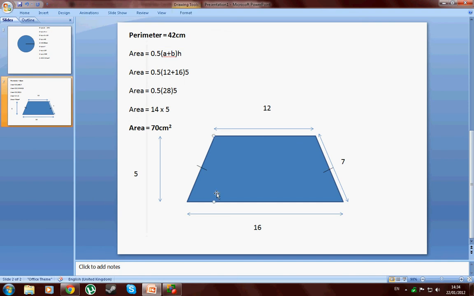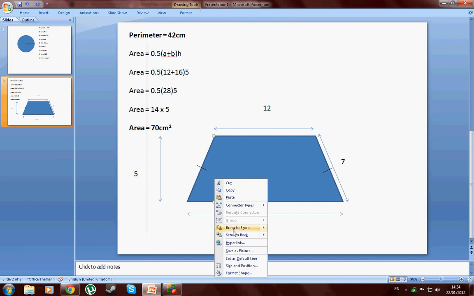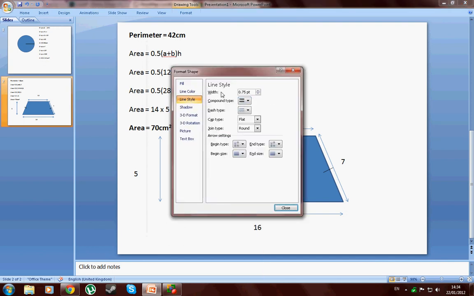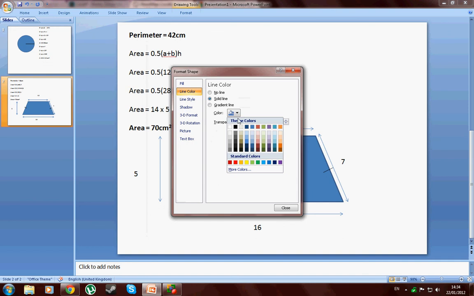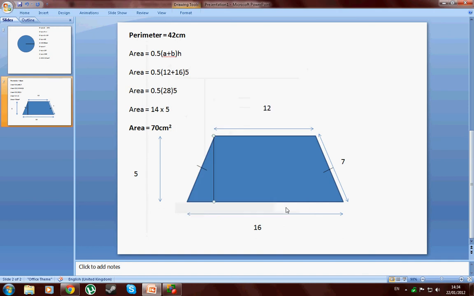You've turned the trapezium into a rectangle and two right-angled triangles by drawing these lines in. Those lines are the height, and you worked on the assumption that that length is 12, and this length plus this length are unknown, but added together they must make 4, because of the difference between 16 and 12.